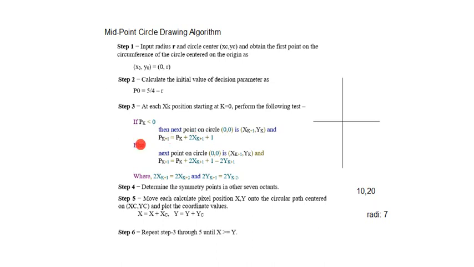Else, if the value is not less than 0, then what will happen? The next point on the circle that is centered on the origin is xk plus 1 and yk minus 1.